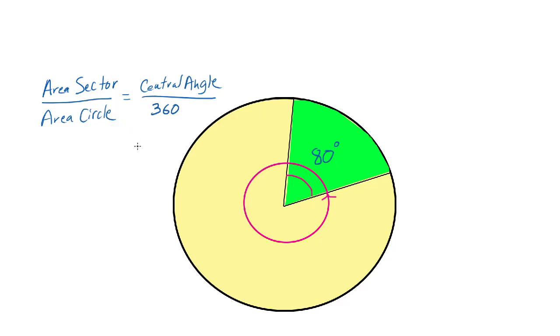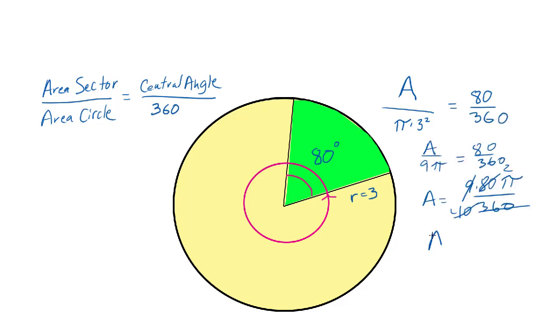So what would that look like in this case, assuming, again, my radius of my circle equaled 3 units long? Well, the area of my sector, let's call that A. We're trying to solve for that green area, divided by the area of my circle. Well, if it's radius 3, the area of a circle is pi r squared. So that's pi times 3 squared. And that, in turn, equals the ratio of my central angle to a full circle rotation, 80, in this case, to 360.